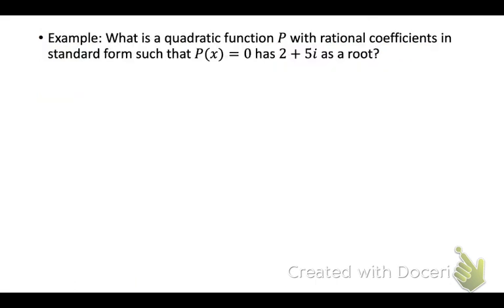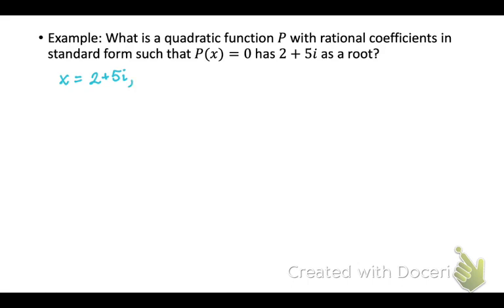So, what is the quadratic function p with rational coefficients in standard form such that p of x equals 0 has 2 plus 5i as a root? So we have x equals 2 plus 5i as one of our roots.